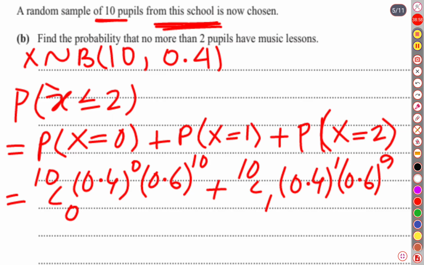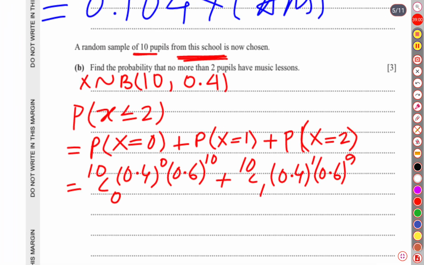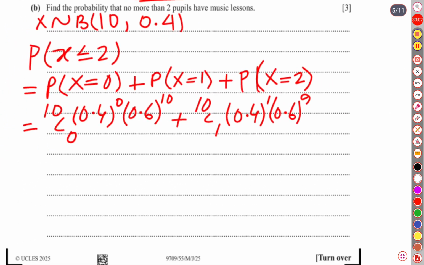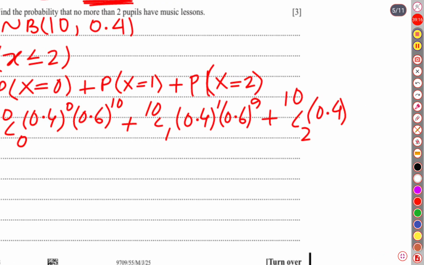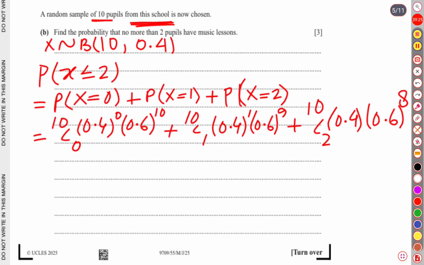After that, let me zoom it in. There may be only two students out of 10 who chose music class, so for music class the probability is 0.4. The rest, 8 students, didn't choose music class, so for them the probability is 0.6 raised to 8.